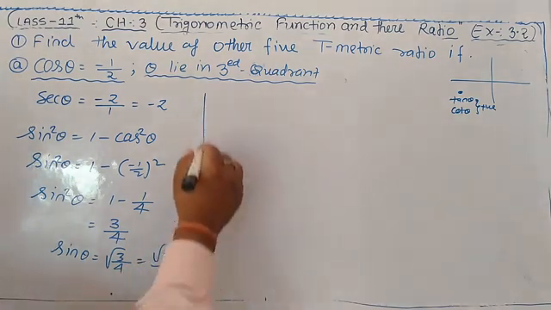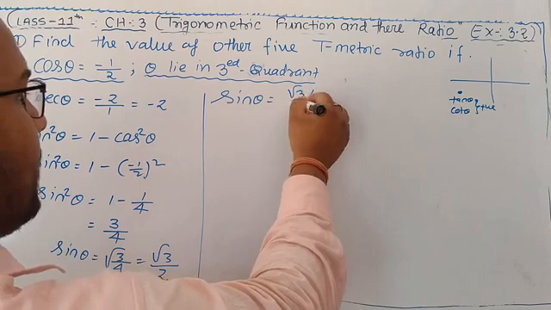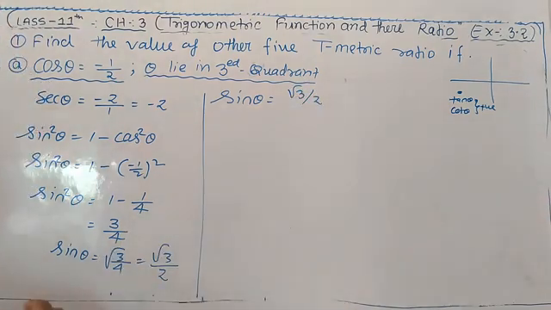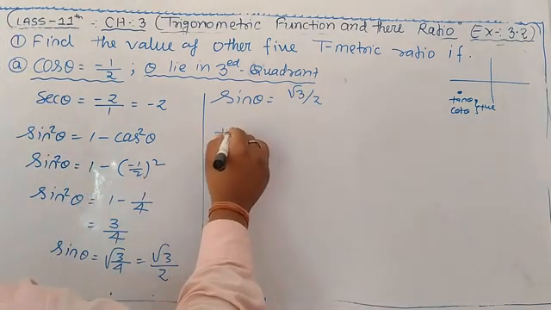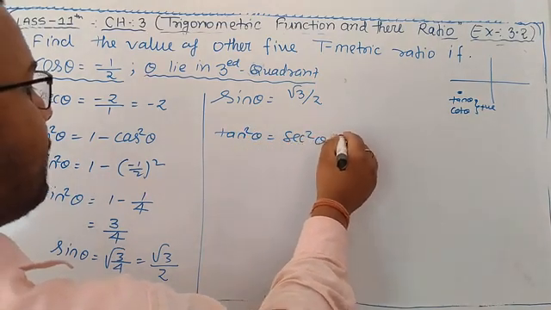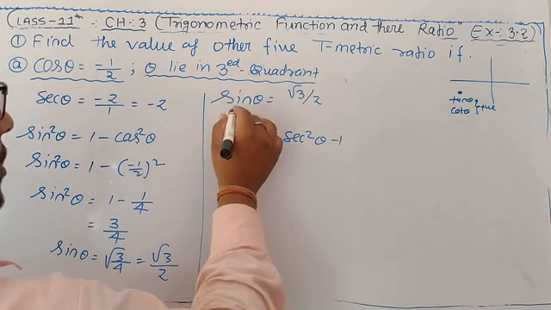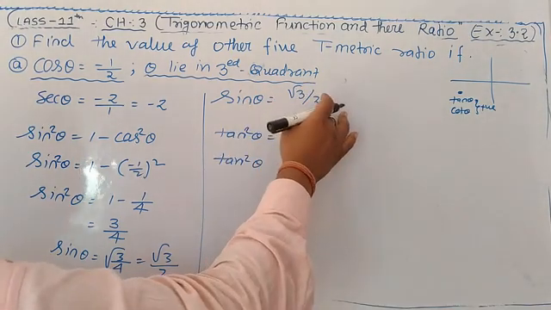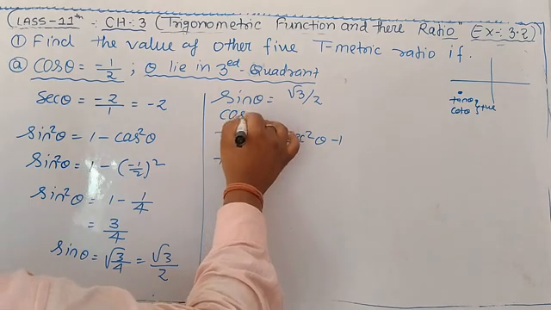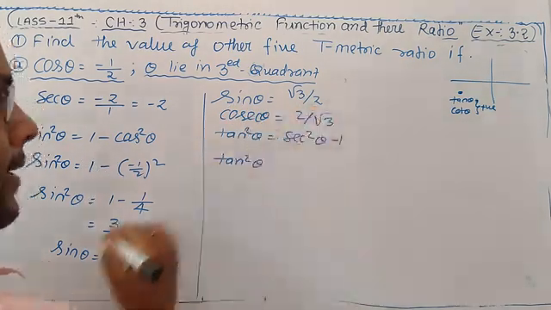The value of sin theta is equal to root 3 by 2. Next, then cosec theta is equal to 2 by root 3.